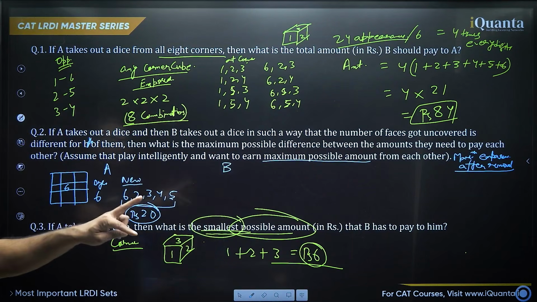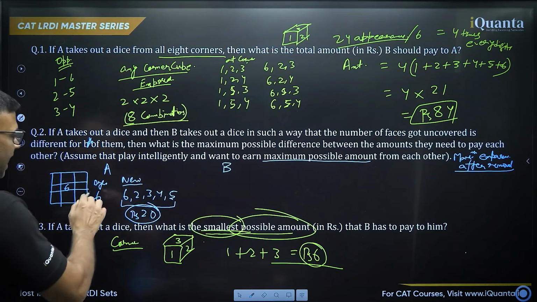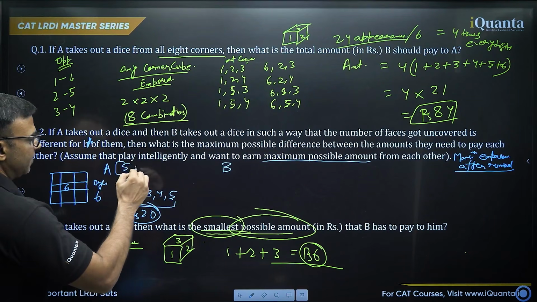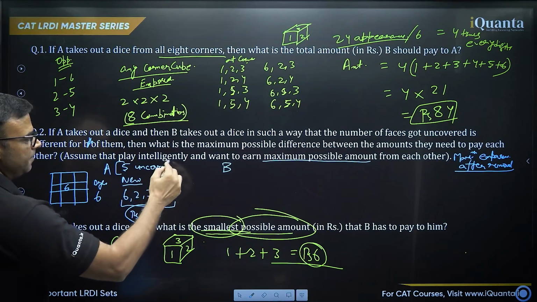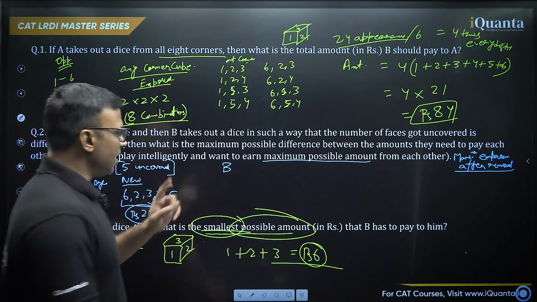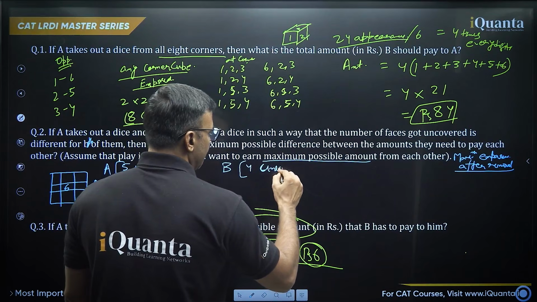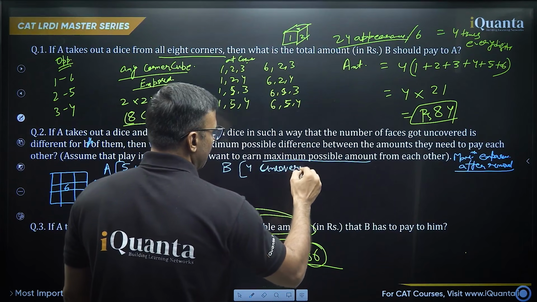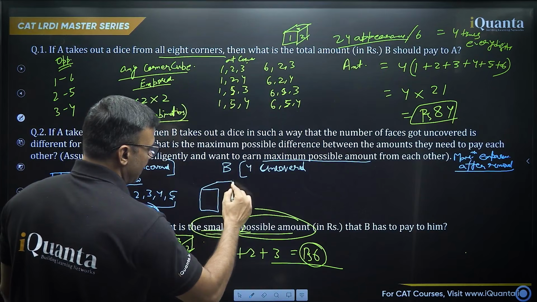Now the number of faces uncovered is different. For A, we have taken 5 uncovered faces. So I cannot take 5 uncovered for B, but I can take 4 or 3. But for the maximum amount, let's take 4 uncovered. And to get 4 uncovered, he should get it from an edge.